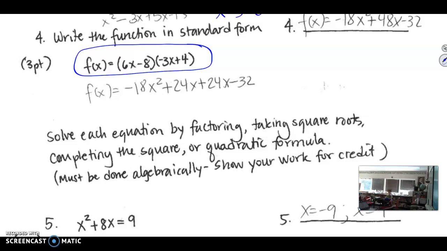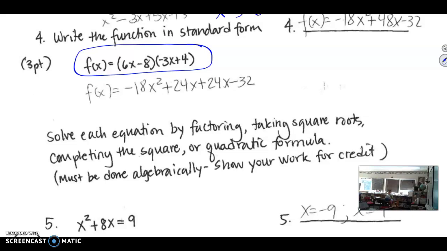Anybody have any questions on that? You guys are all good with that? Multiplying it out? Yes or no? Because I want to spend time on questions you don't understand.